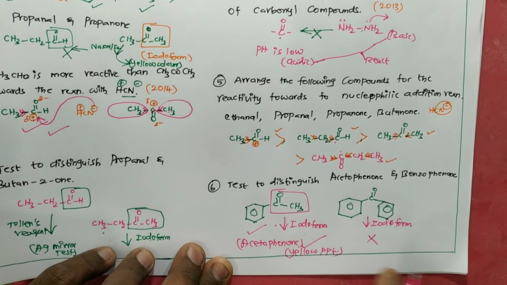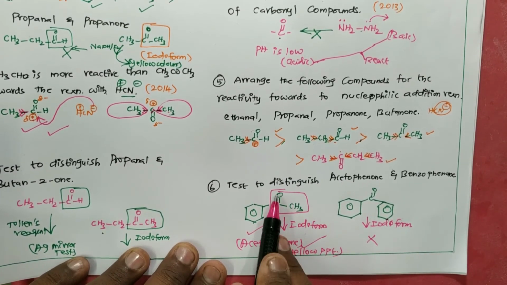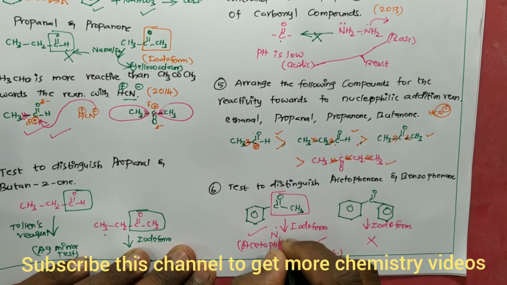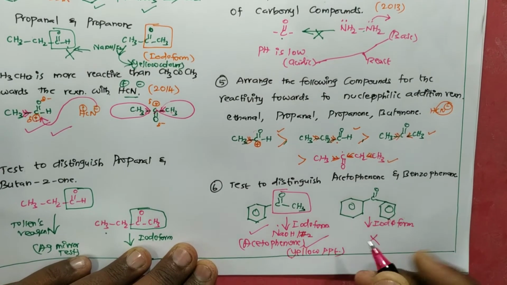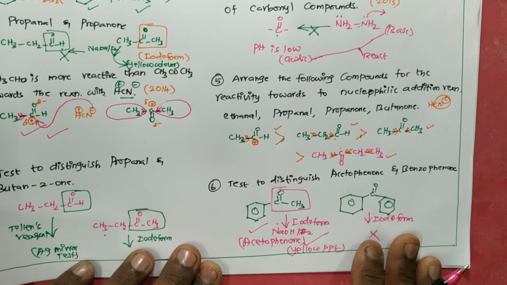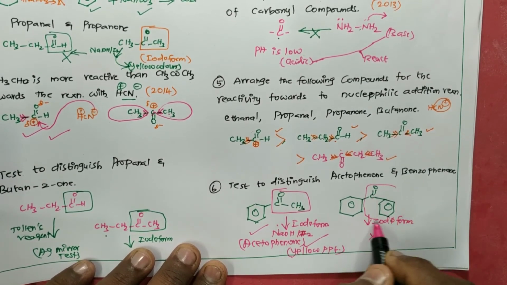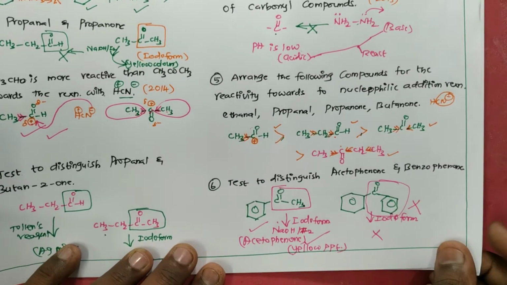It is obtained in the case of acetophenone because of the presence of the COCH3 group. The iodoform test uses NaOH with iodine. NaOH and iodine react to form a yellow colored precipitate because of the presence of the COCH3 group. But in benzophenone, the COCH3 group is not there, so it will not respond to the iodoform test. Are you able to understand, students?